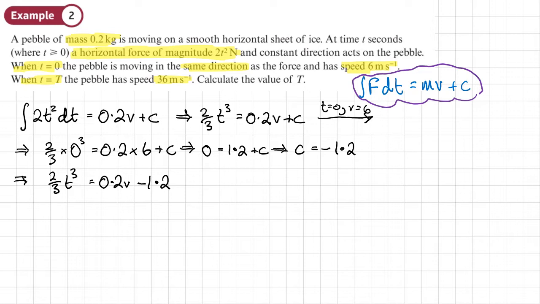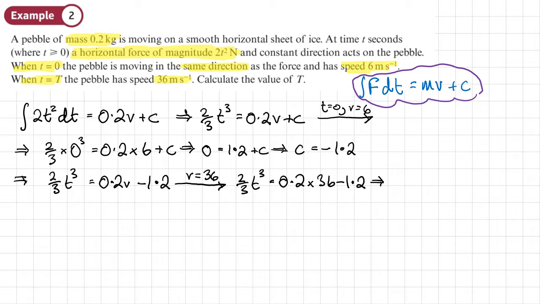So all we need to do now is to substitute in v is 36 to find T. So we have 2/3 T cubed is equal to 0.2 times 36 minus 1.2.